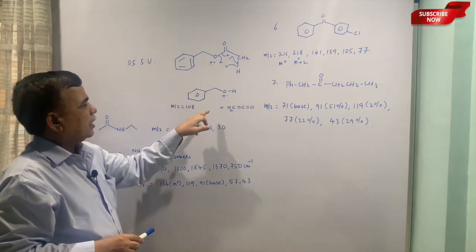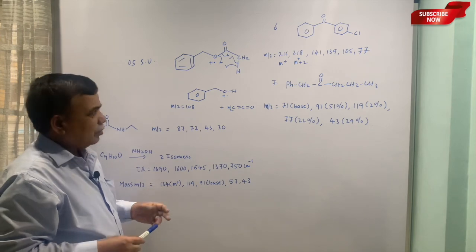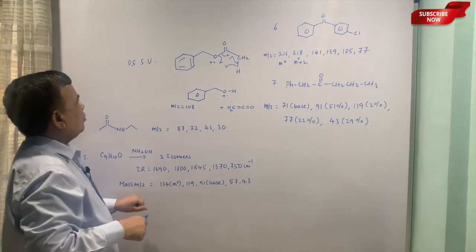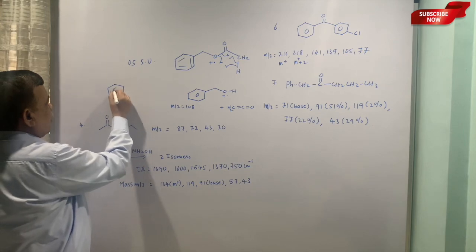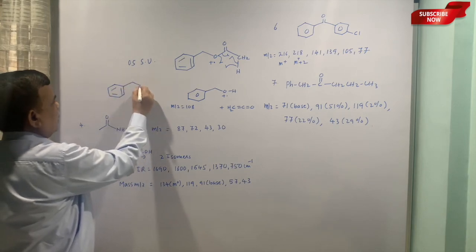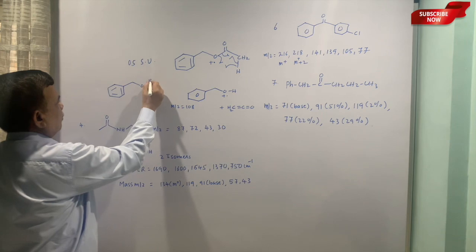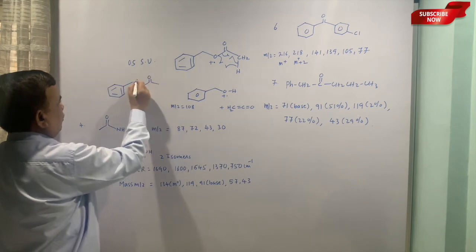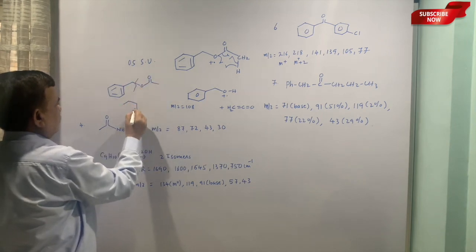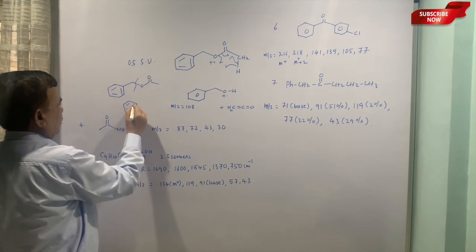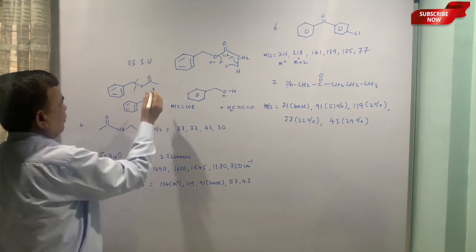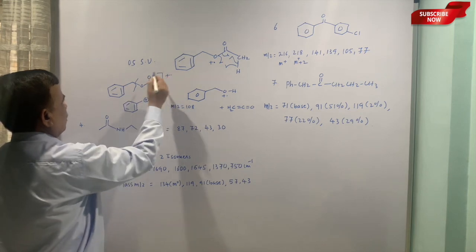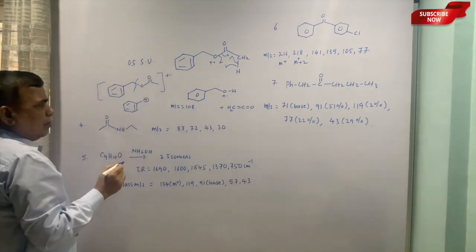So, 108 is this one, and the other peaks are bound to come, like if we cut it here, benzylic, then this will be CH2 plus heterolytic cleavage, or the simplest thing is you put radical cation on the square bracket.